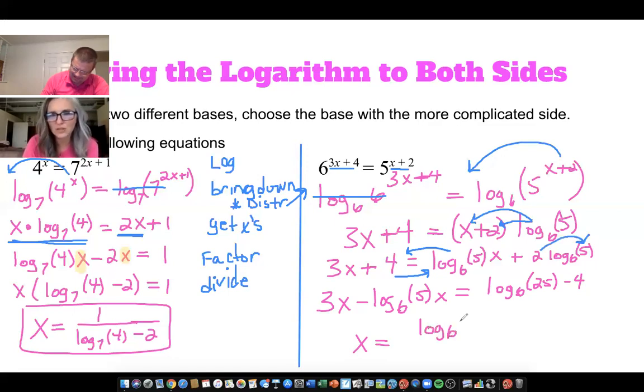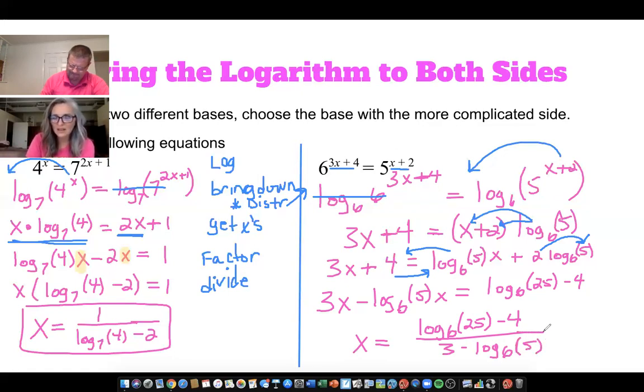You don't have to do that part. It's the same number of writings. He didn't show this step, but he actually factored out an x from the left side, and he was left with 3 minus log base 6 of 5, which is what he divided by.